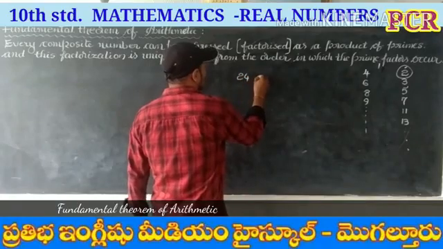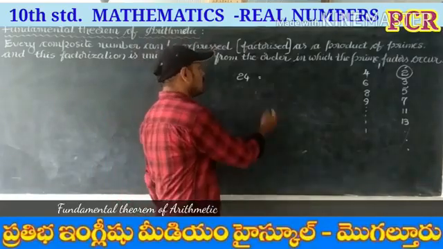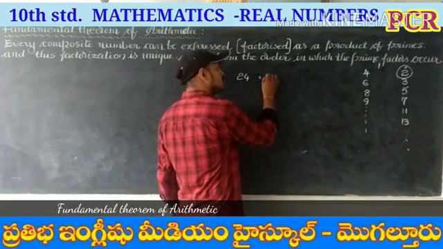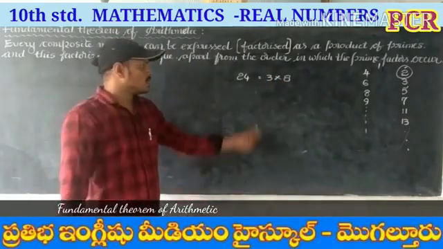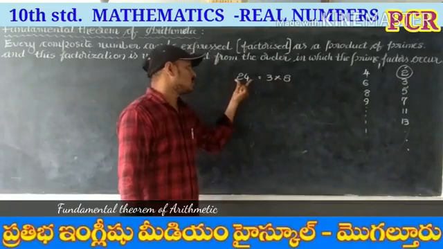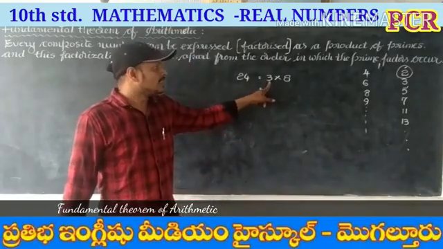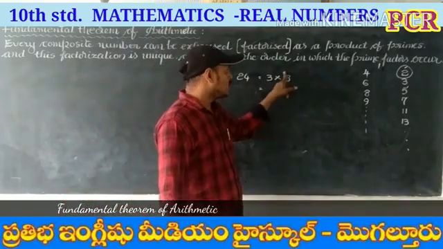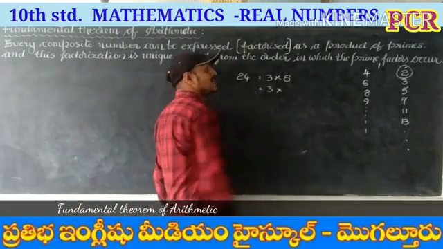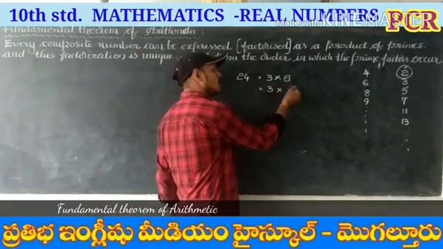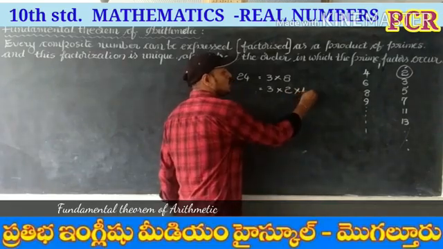Now let's take one composite number, that is 24. Can we write 24 as a product of two numbers? Yes, 24 as 3 into 8. Just observe, this 3 is a prime number and this 8 is again a composite number, so we can write 8 as the product of two numbers, 2 into 4.